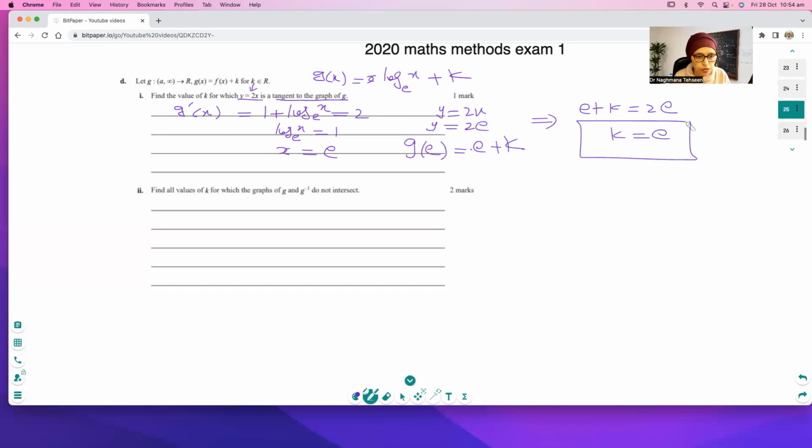Okay. Next part of the question is find all values of k for which the graph g and g inverse do not intersect. So when we say g and g inverse intersect, okay, so what we have to do in this one is, there are different ways to approach this question.